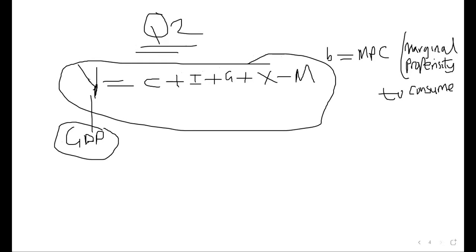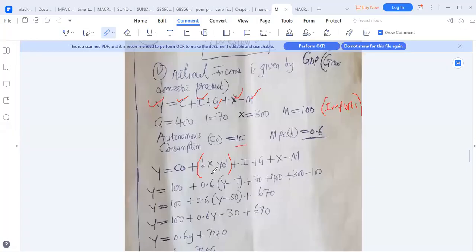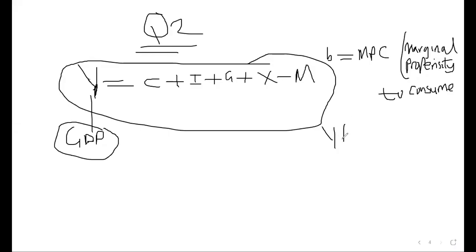So as we get down here, we have marginal propensity to consume by disposable income. YD is our disposable income.